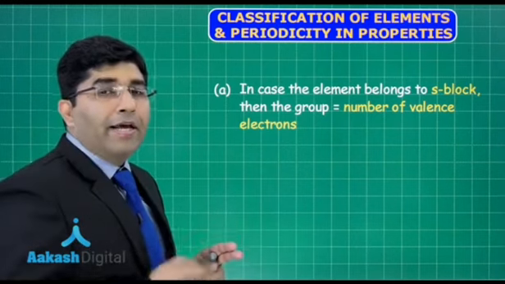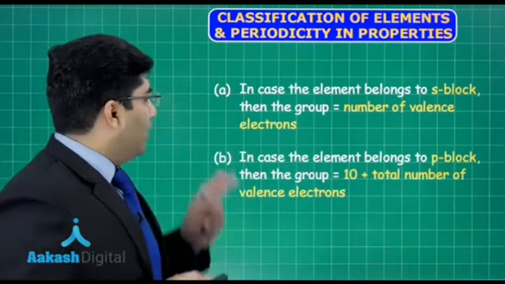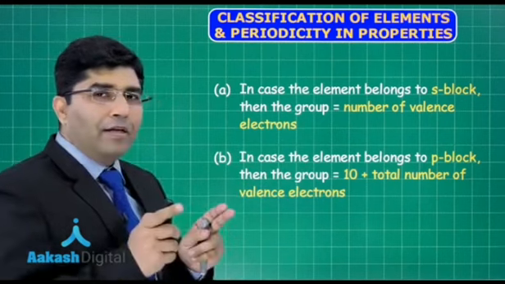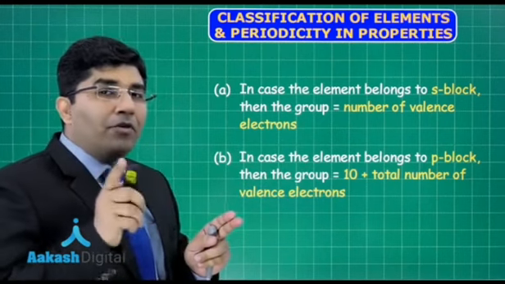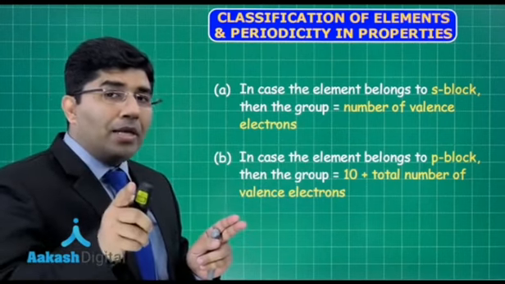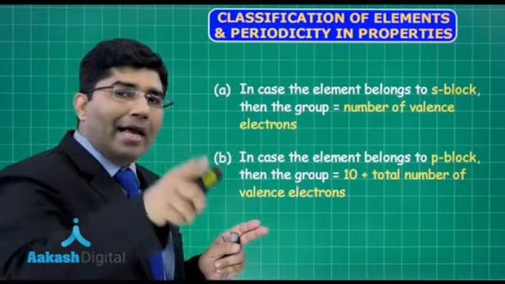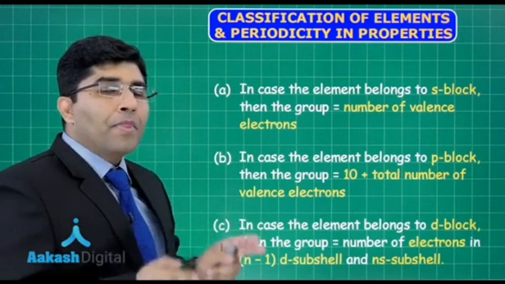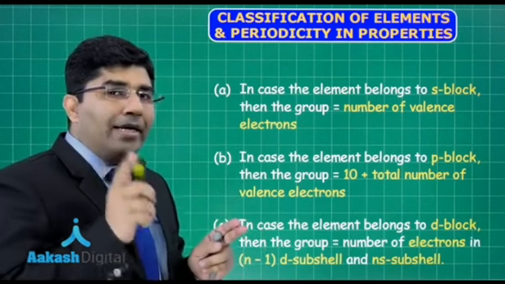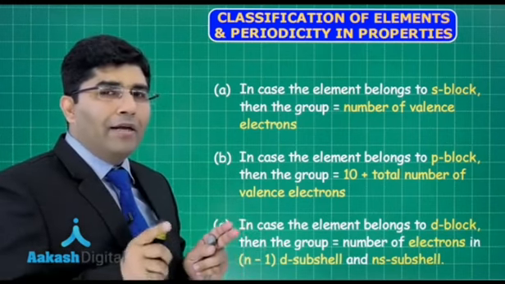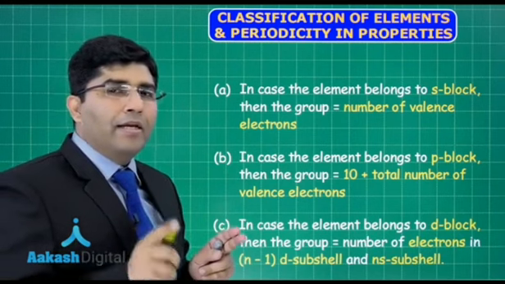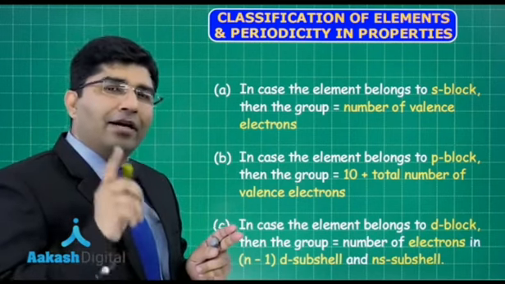If it is in the p block, we add the number of electrons in the s subshell and p subshell, plus 10. And if it is in the d block, we add the number of electrons in the s subshell and d subshell.